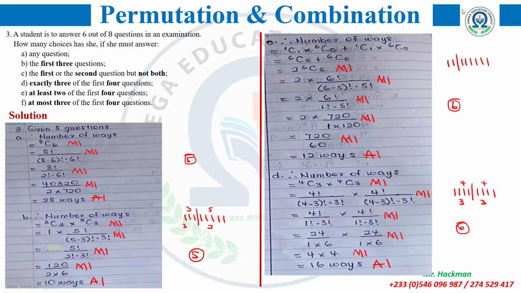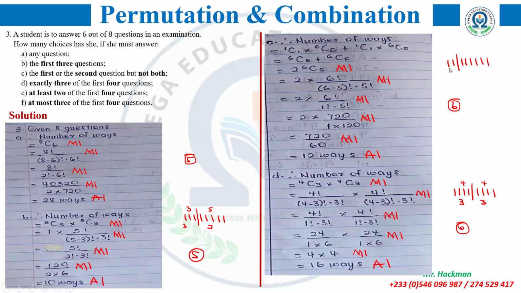So we are going to look at exactly this. We said the first or the second question, but not both. So you rule your line or draw your line. The first 2 questions, that's where you have your restriction, and then the rest of the questions.